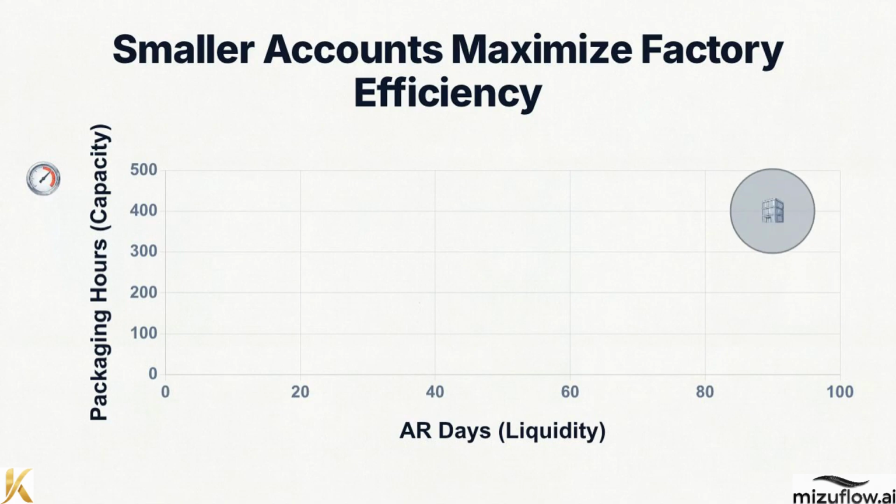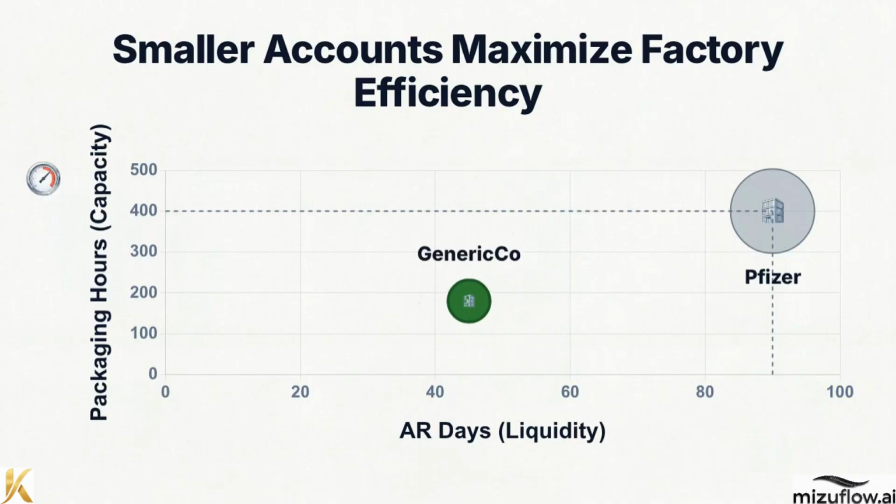We plot Pfizer. It generates high overall EBITDA, represented by the large bubble size, but Pfizer consumes 400 packaging hours and ties up cash for 90 AR days. Now we plot Generico. Its total EBITDA bubble is smaller, but it only consumes 180 hours and pays in 45 days.